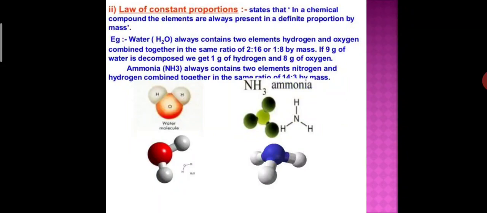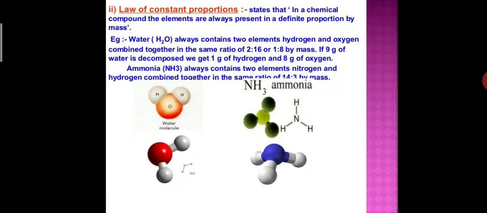So students, in a compound such as water, the ratio of the mass of hydrogen to the mass of oxygen is always 1:8. Always, whatever the source of water, whether it is a lake, a river or a pond, the ratio of the mass of hydrogen to the mass of oxygen is always 1:8.